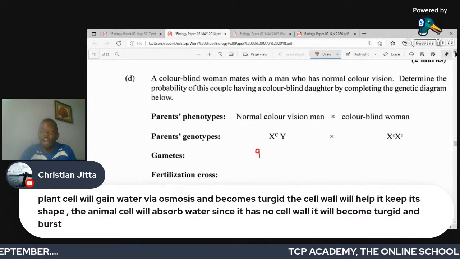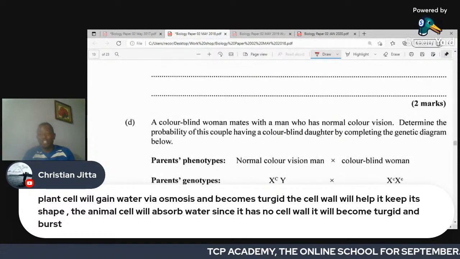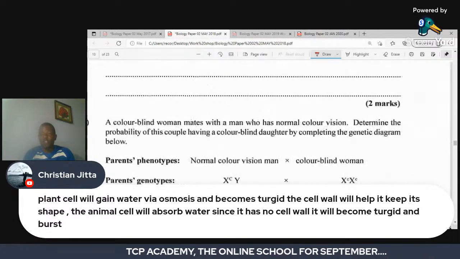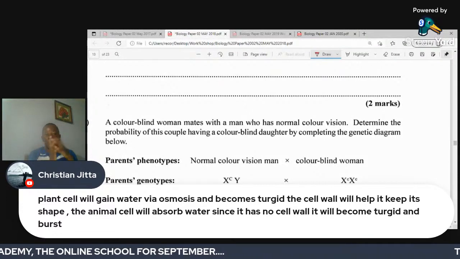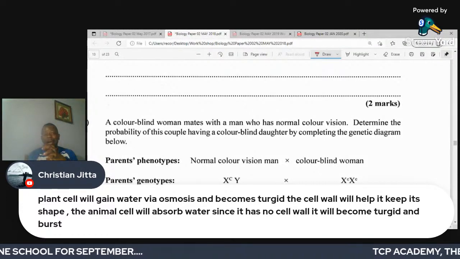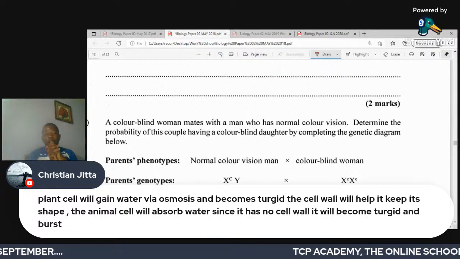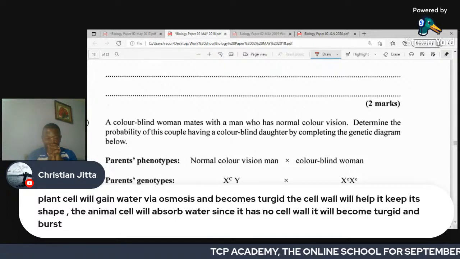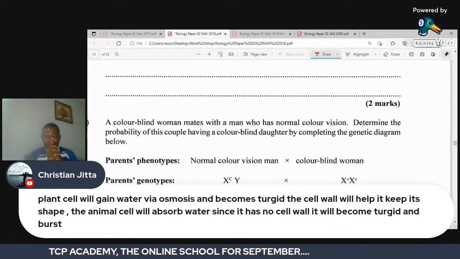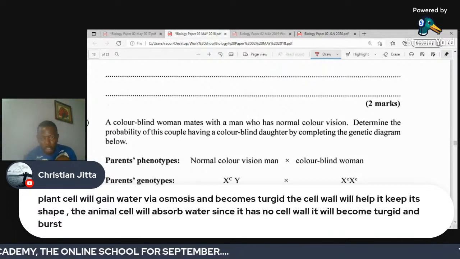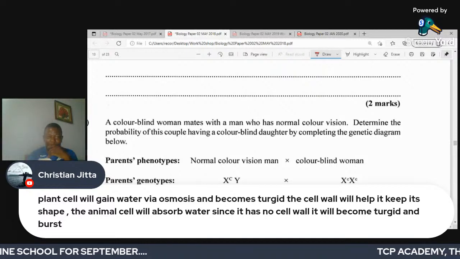So first of all, we need to read the question. Let's go through this question together. A colorblind woman mates with a man who has normal color vision. She's colorblind and she mates with a man that has normal color vision.